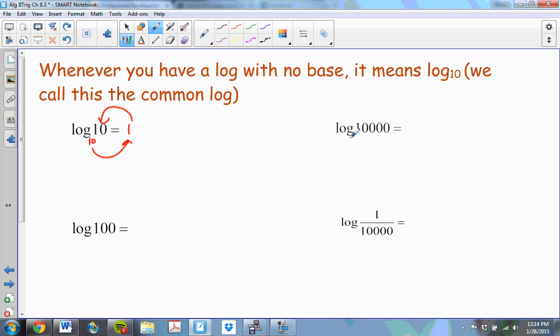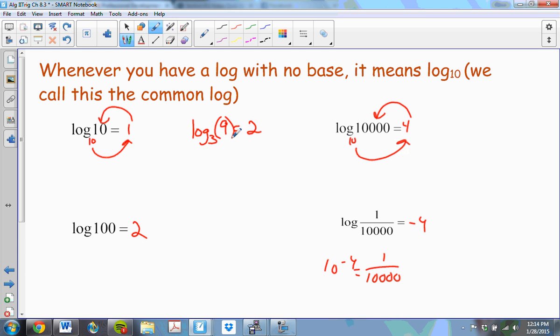And log base 10 of 10,000 is 4, because 10 to the 4th is 10,000. So here the base is 10, so it equals 2, because 10 squared is 100. And here the base is 10, so it's going to be negative 4, because 10 to the negative 4 is 1 over a 1 with 4 zeros. If you ever see log without a base written, that means it's base 10. Otherwise, the base has to be written. You know, log base 3 of 9 equals 2.